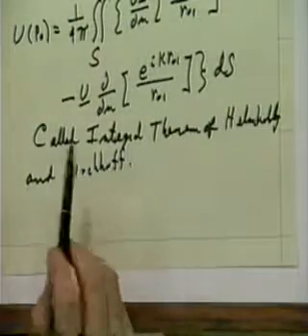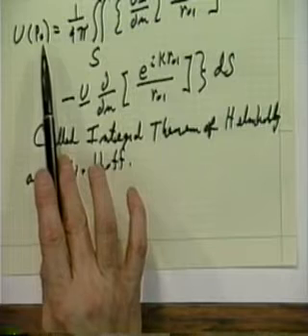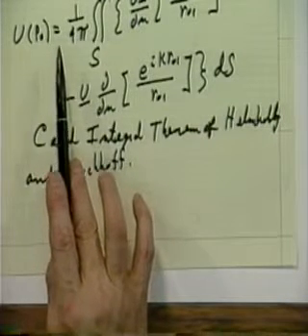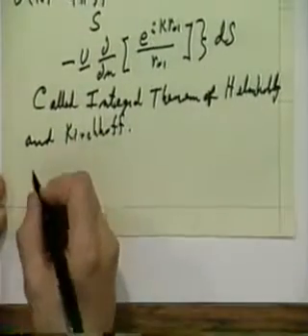And what it's doing is it's allowing the field at any point P naught to be expressed in terms of the boundary values of the wave on any closed surface surrounding that point. Maybe I should write that down.